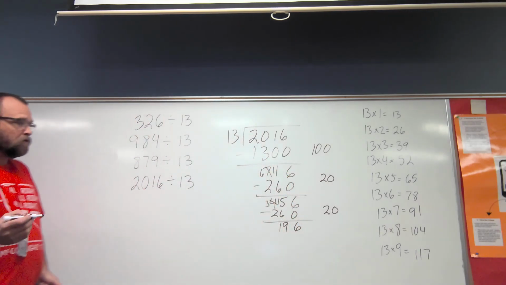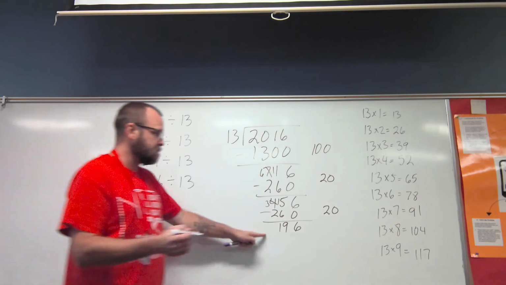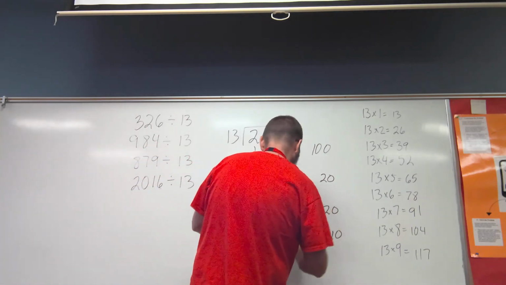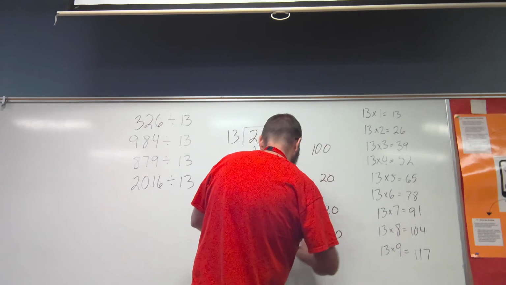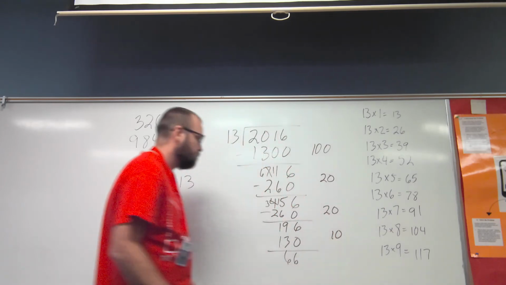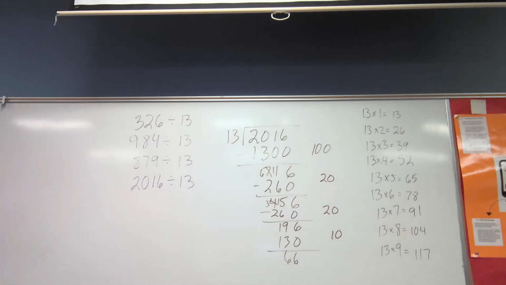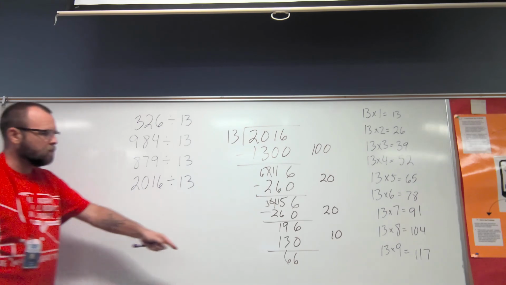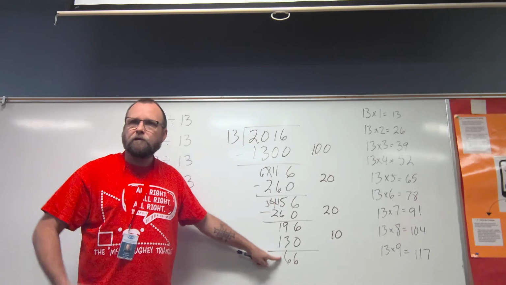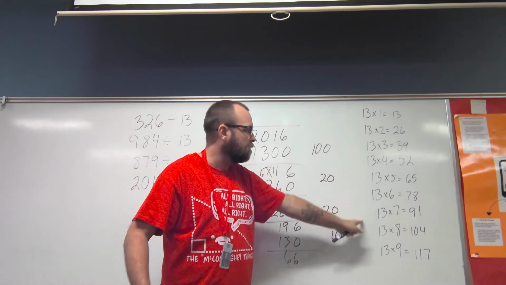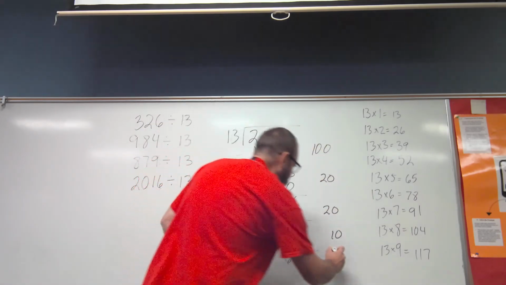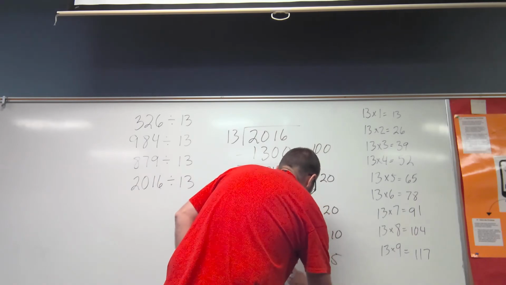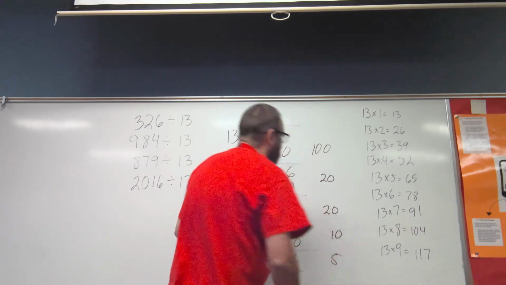No. Can I go 10? Yes, because 10's 130. And that's 66. Okay, can I go 10? No, because I have to be bigger than 130. So now I can't go 10. So now I can come over here and I find it's 5. And that's 65. And I get my remainder of 1.